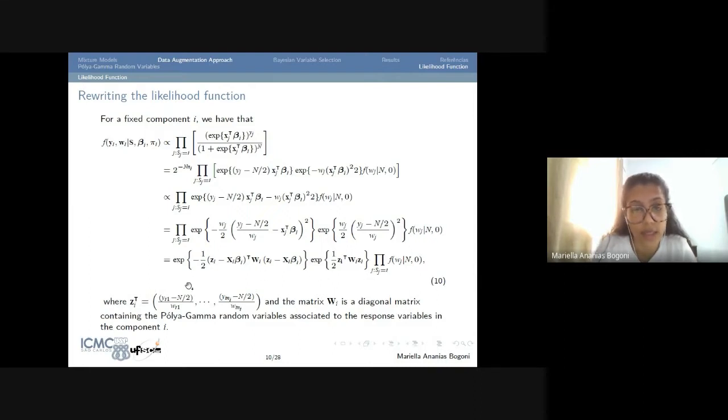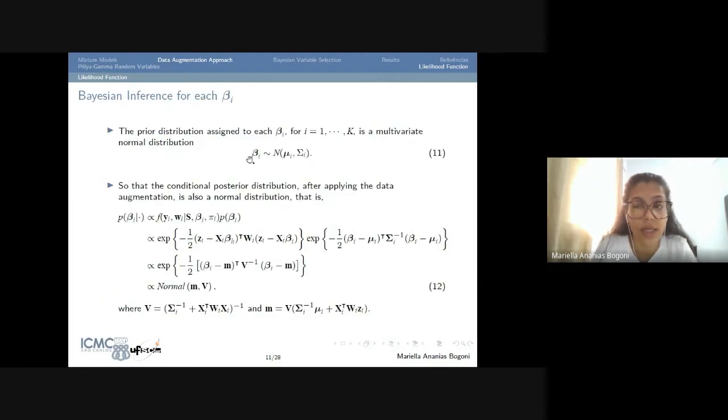This equation 10 will be the likelihood function of the logistic regression model of component I. And considering a multivariate normal prior distribution for each vector beta I of regression coefficients of the model in component I, and combining this prior with the likelihood obtained after the data augmentation, we obtain that the conditional posterior distribution of the vector beta I is also a normal distribution.